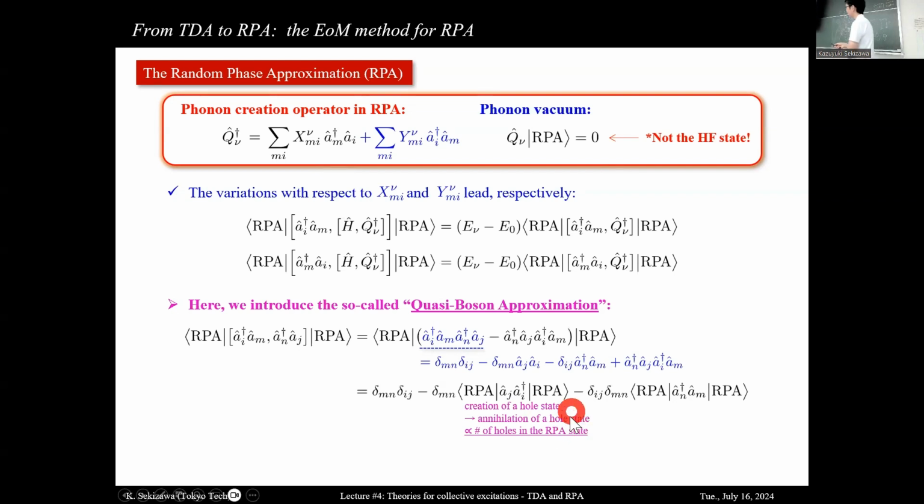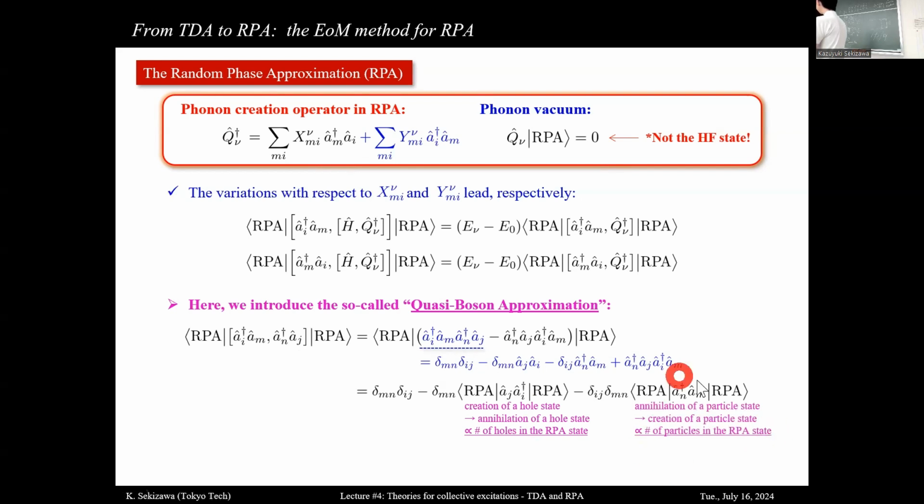So this term contains both hole states, and this amplitude must be small. To have this excitation, we originally have the hole in this state, and it is proportional to the number of holes in the RPA state. And this number should be small, not so large.